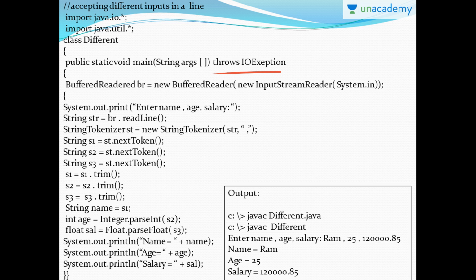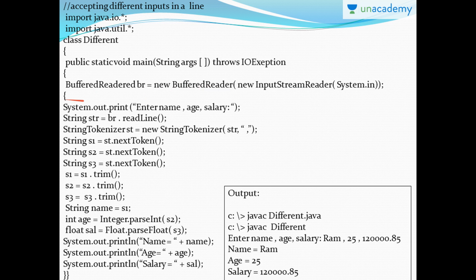We are throwing whatever errors to the execution procedure, to handle the errors that come during input and output. This statement we write when we want to take input from the keyboard. All right, till here it is easy, right?